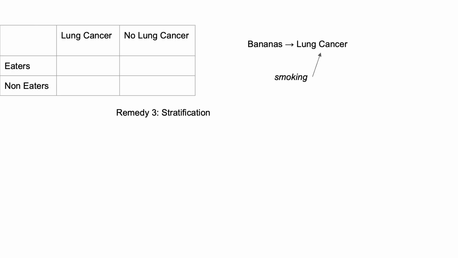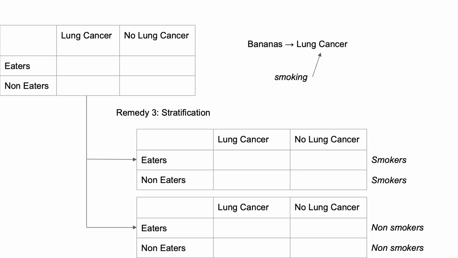So the third remedy is stratification. We are interested in the causal association between bananas and lung cancer, and we want to get rid of confounding by smoking. So the overall table that we had between lung cancer and banana eating can now be stratified on the levels of that confounder, just as I introduced this notion previously. The first confounding level, or first stratum, is all smokers, and the second stratum is all non-smokers.